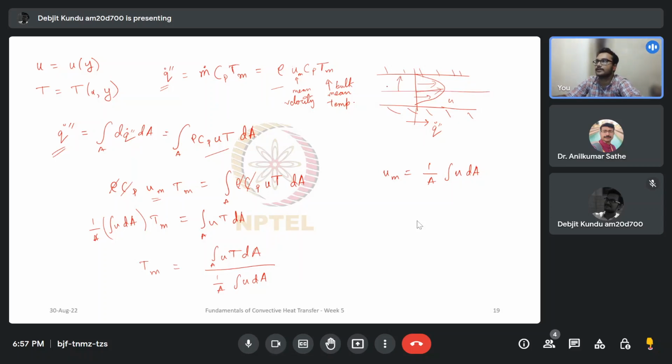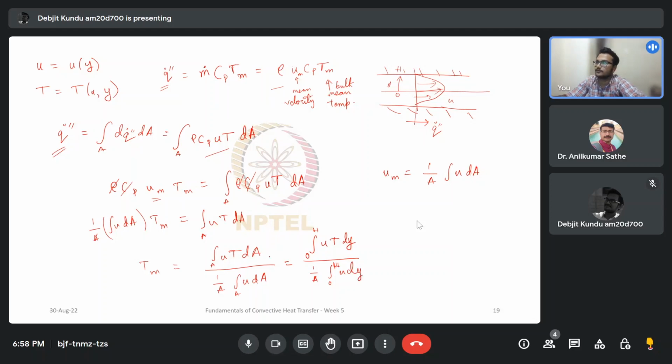Now, in this case, y goes from 0 to h, and in the direction out of the paper, we take a unit depth. There, this thing can be written this way. Instead of integrating over A, we can integrate over y going from 0 to h. Sorry, this is dy, and under here, this is 1 by A integral from 0 to h of u dy.